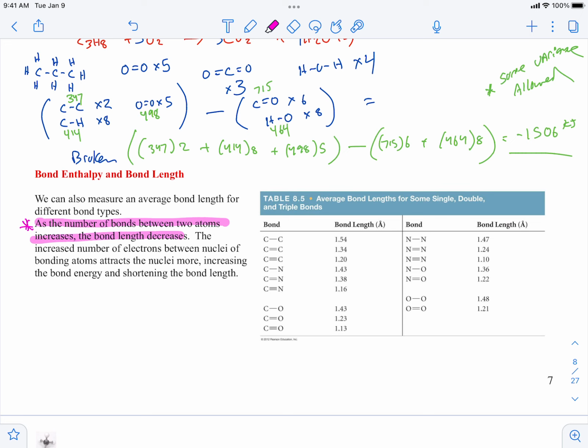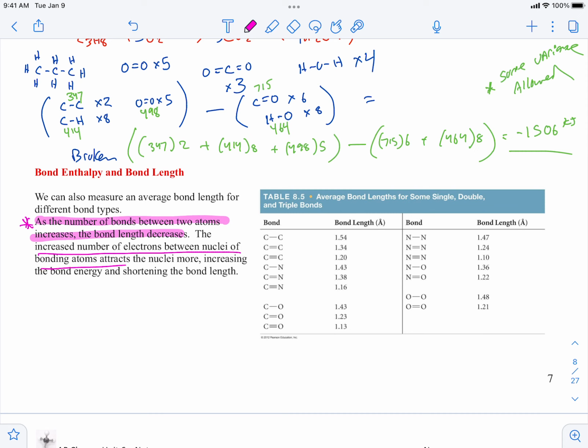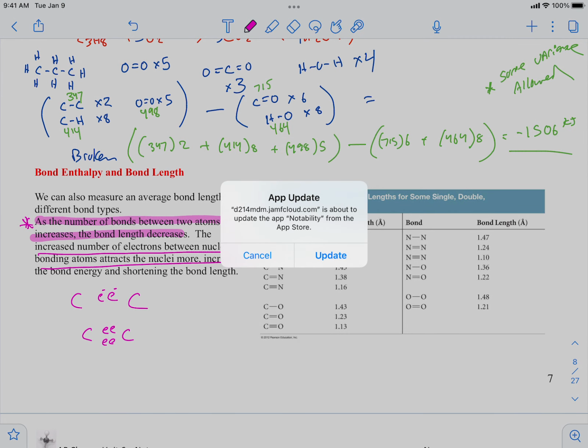Right? This is because as you have more electrons between nuclei, there are more attractions taking place. So carbon, carbon. Here's 2 electrons. Carbon with 4 electrons in a bond. These are going to be drawn closer because remember, it's the nuclei that attract the electrons.